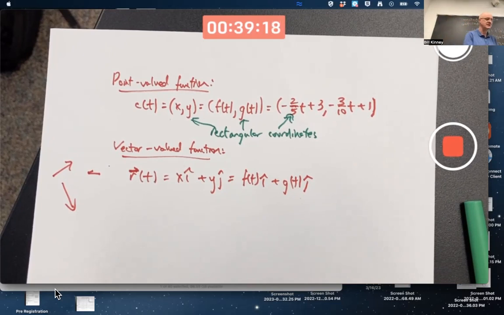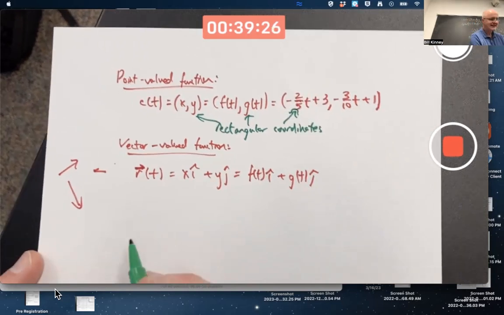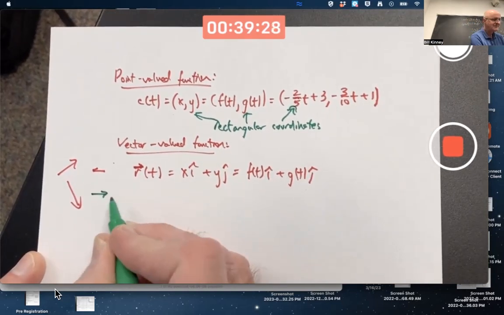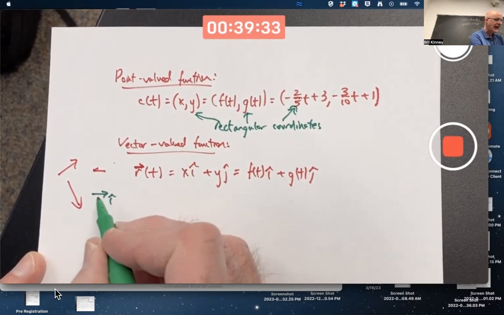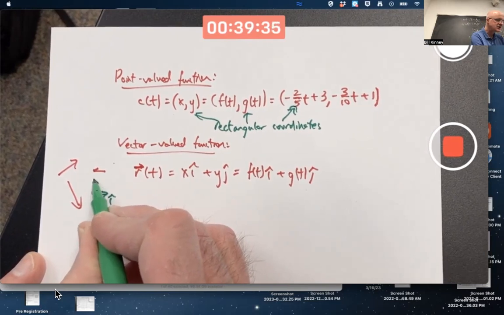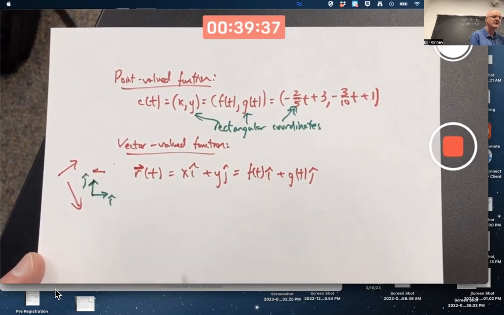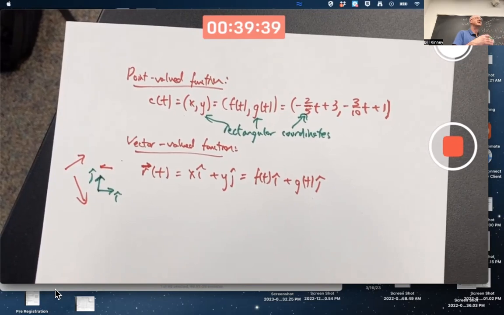Such inconsistent notation. Kind of just depends on what you like. i hat is an arrow that points straight to the right and has a length of 1. Pretend that's 1 centimeter. And j hat is an arrow that points straight upwards and also has a length of 1.